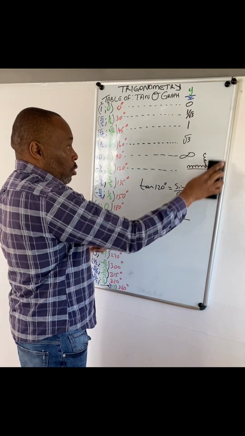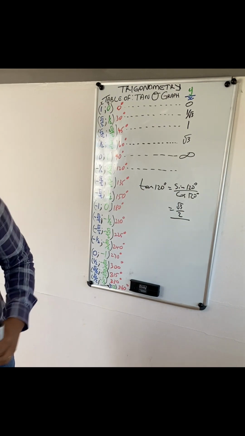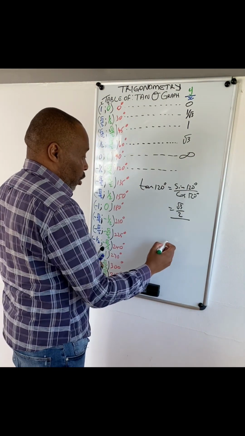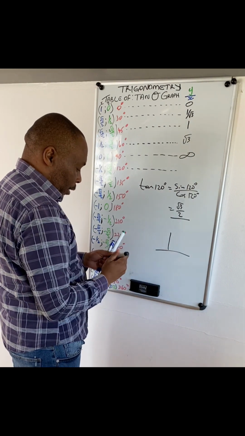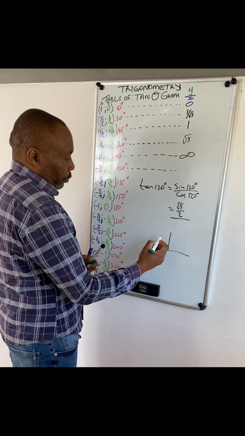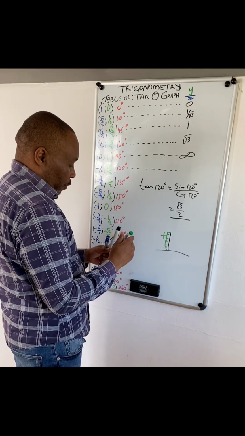Let me use my colors to explain this. Colors I've used to demonstrate. This part is the y value, and this part is positive.